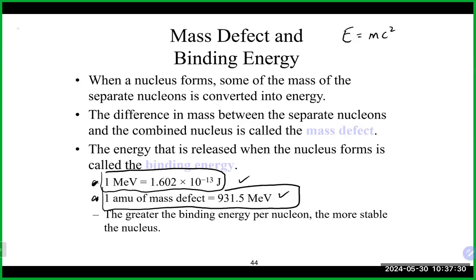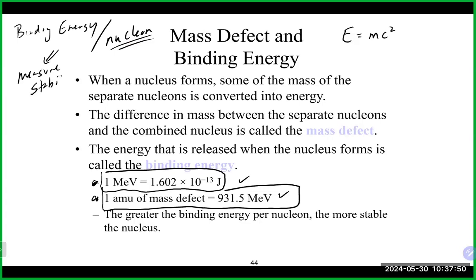Now, when we look at binding energy per nucleon, and a nucleon is basically the number of protons and neutrons in the nucleus, basically like the mass number, that is a measure of stability. So that is another very common measure of stability.